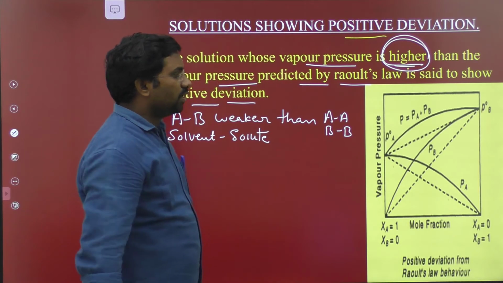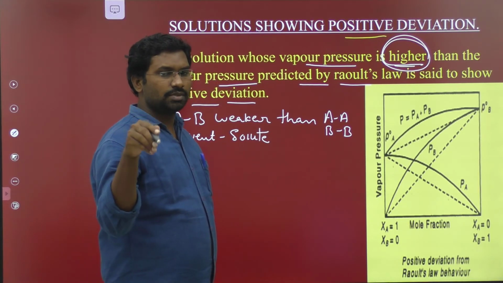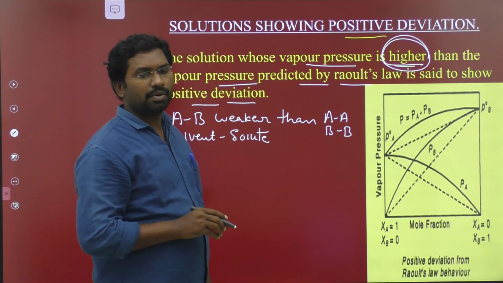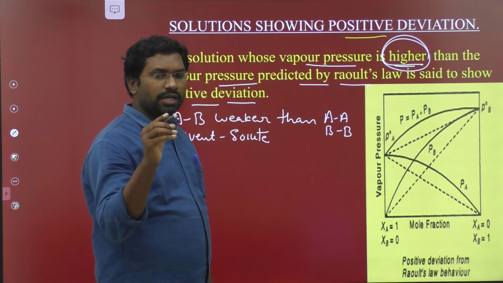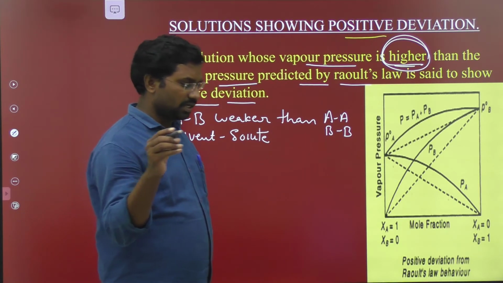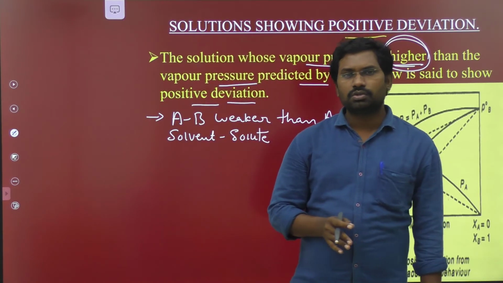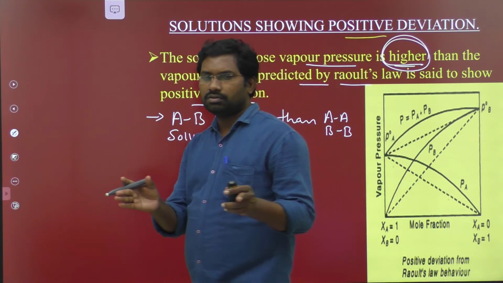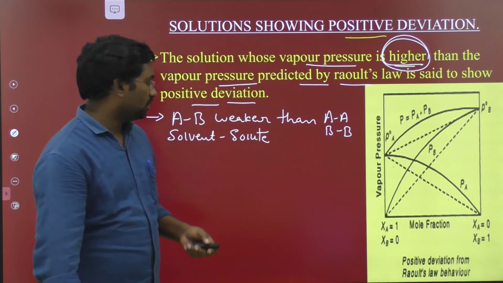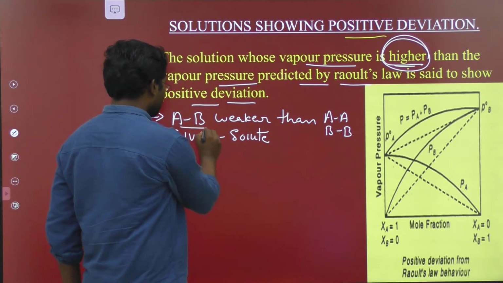When does the solution possess high vapor pressure? If the AB interaction is weaker, that means there is a weaker bond present between the solvent and solute molecules.